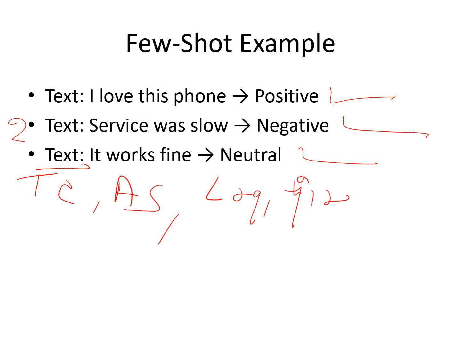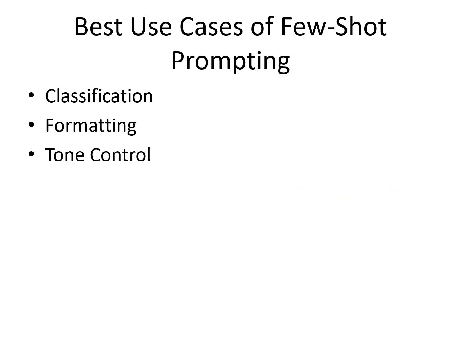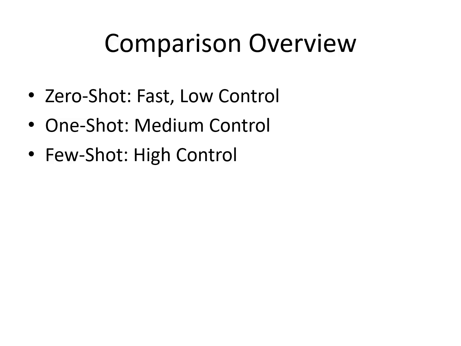You can use it in multiple places, and that is considered few shot. Basically, all these are techniques to utilize the LLM and get the best output from it. The best use cases of few shot prompting are classification, formatting and tone control, where you can control your output.